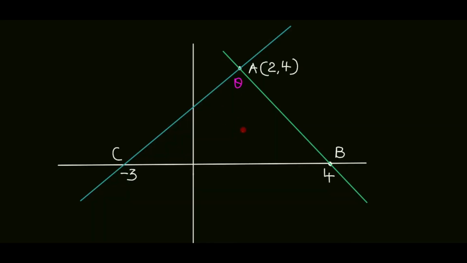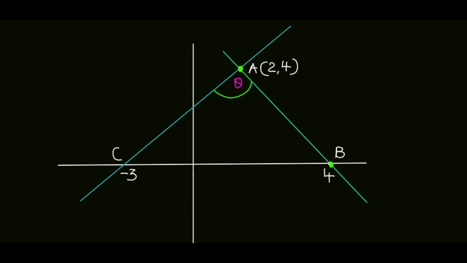Try this one on your own. This one is a similar type of problem. In this question we will find the angle theta, but this time around we are given the points instead of the gradient. So first things first, we will try to find the gradient of line AB.